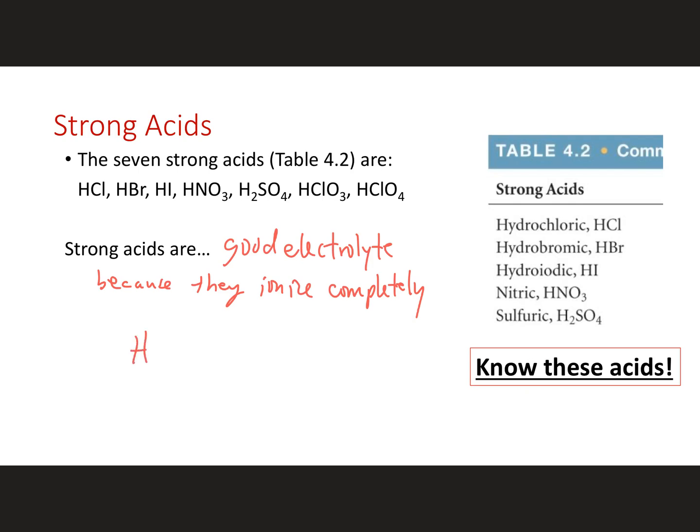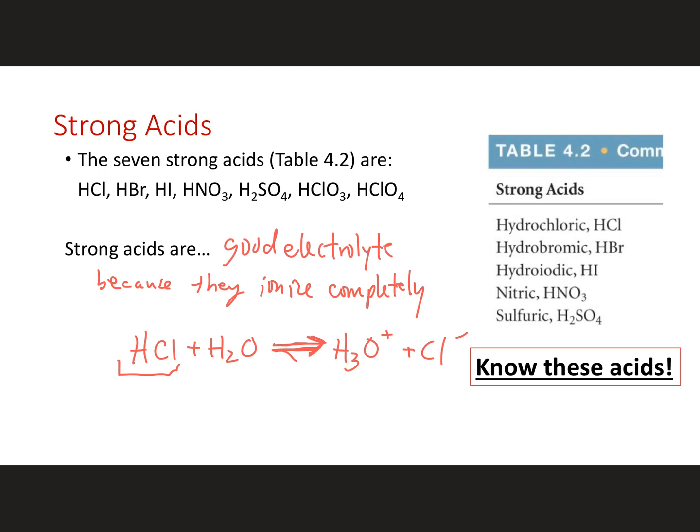There is no equilibrium. So a strong acid like HCl would react in water to form hydronium and chloride. There is not an equilibrium, right? It's actually just a one way, so one giant arrow pointing to products. There is no equilibrium with this reaction because HCl is a strong acid.